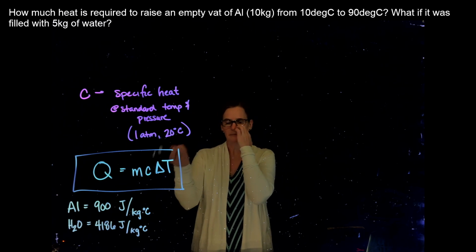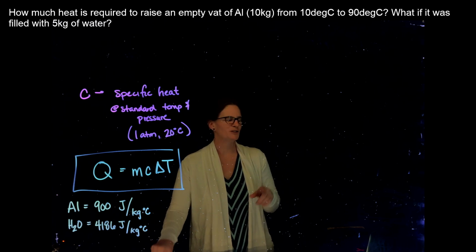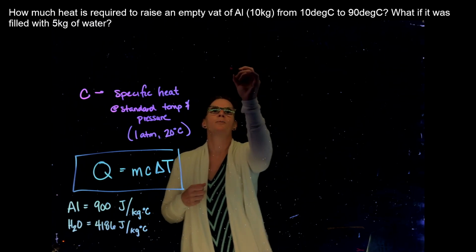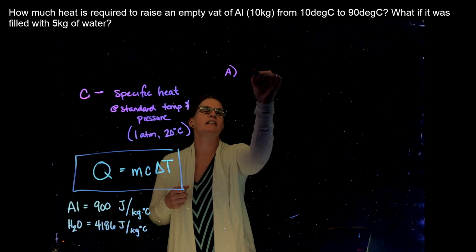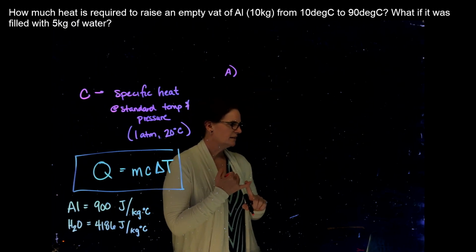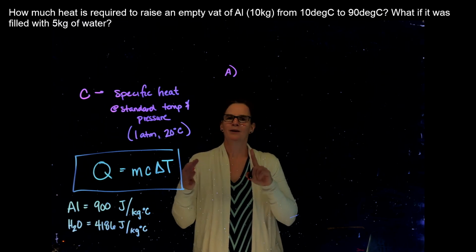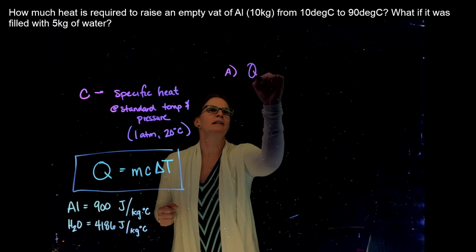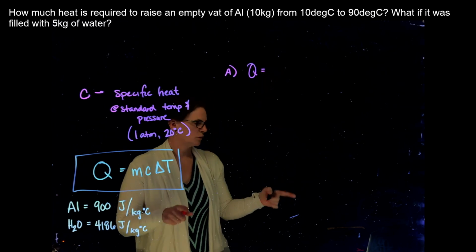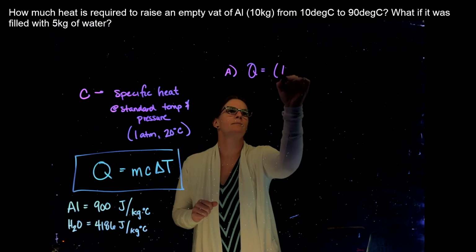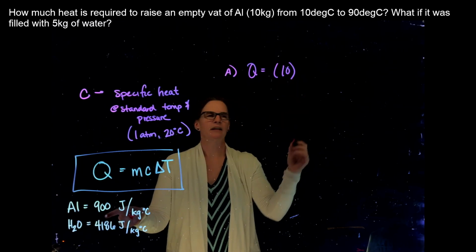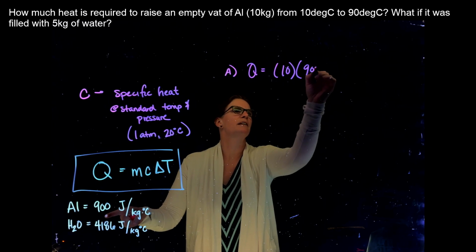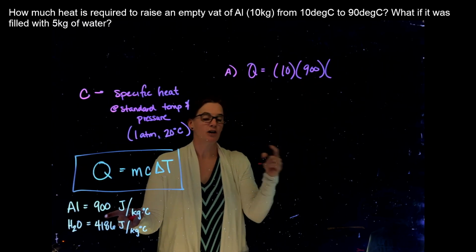All right, so let's just use this relationship, this equation, to look at part A. So part A is asking how much heat is required for 10 kilograms of aluminum going from 10 degrees to 90 degrees. So Q is equal to the mass. We're told that we have 10 kilograms times the specific heat of aluminum, which is 900, times our change in temperature.